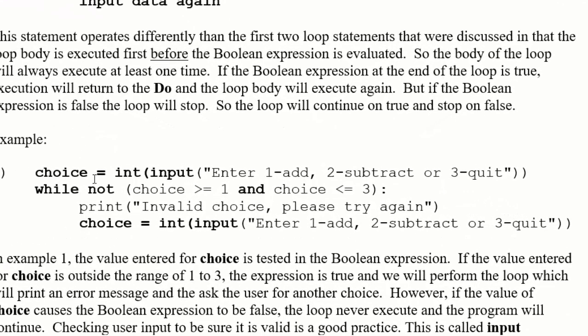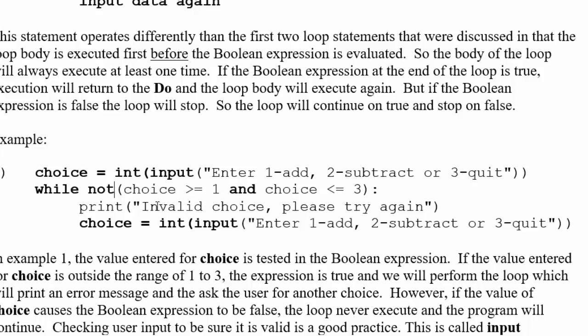In this case, we're asking the user to put in a choice of 1, 2, or 3. So the numbers must be between 1 and 3. The easiest way to think about this is to create a condition of what you want first. Once you create a condition of what you actually want, add the not to it to negate it, and that's saying that I did not get what I want, or I didn't get the condition.